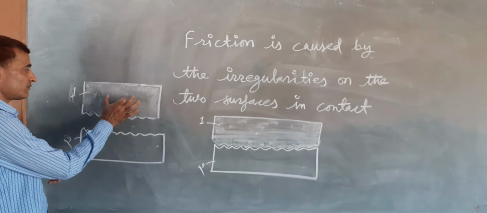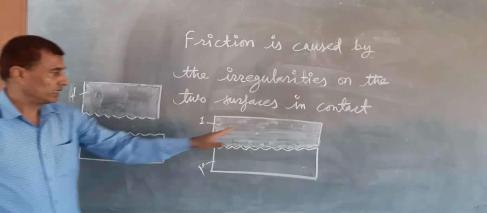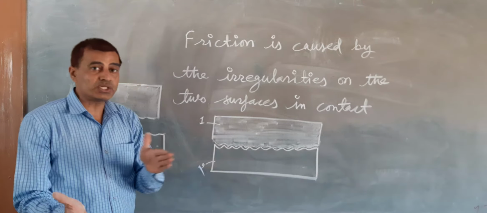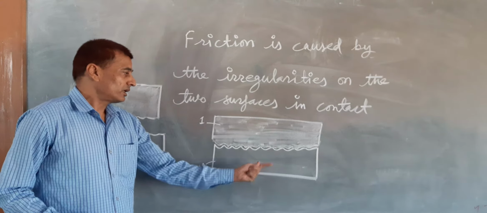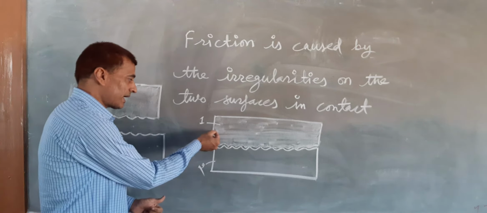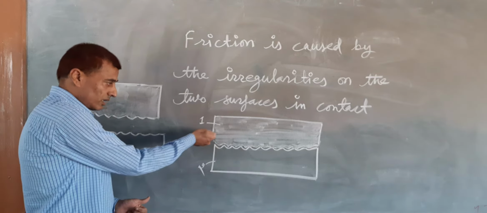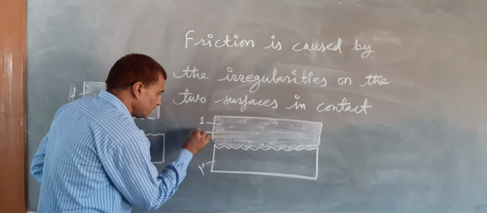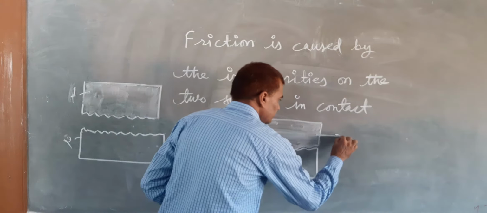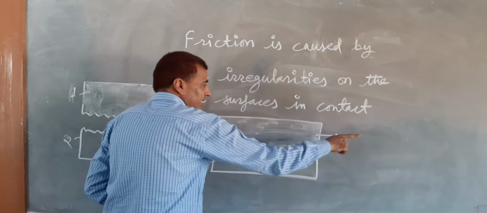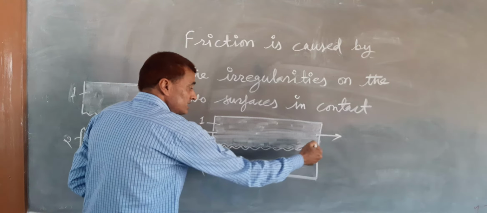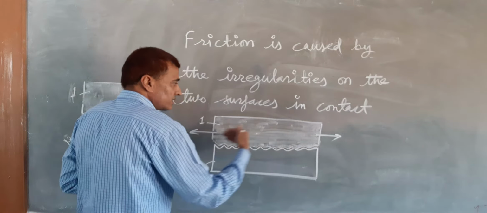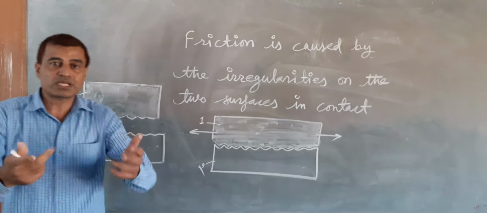And if I place the first object on the second object in this manner, then these irregularities interlock in such a manner that if we apply a force in this direction or in that direction, then due to these irregularities and interlocking, there is a force in the opposite direction, and that force is called frictional force.